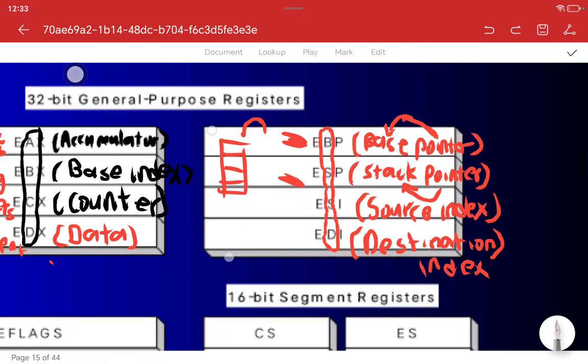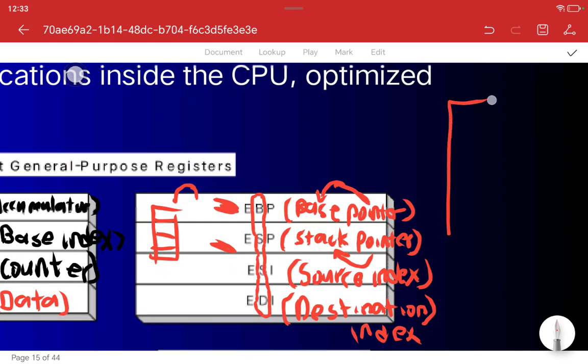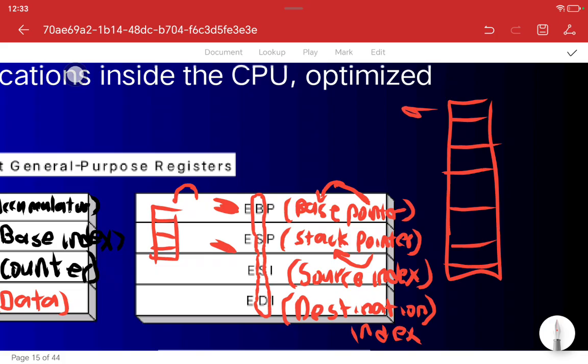And also, let's say I'm storing data now. When I'm storing data here, there are going to be some register addresses. We'll decide which register is supposed to manage those addresses and which register is supposed to push and pop, which we have learned is the ESP, the stack pointer, which pops and pushes and manages the stack.